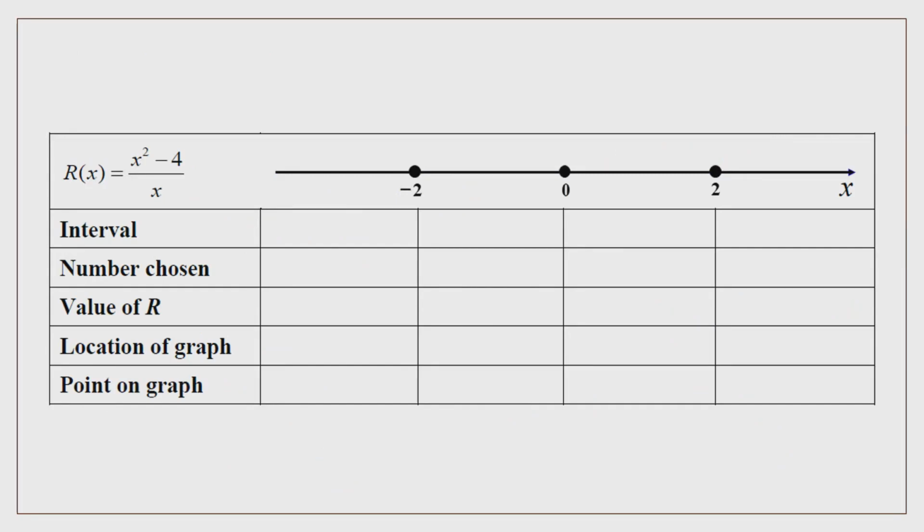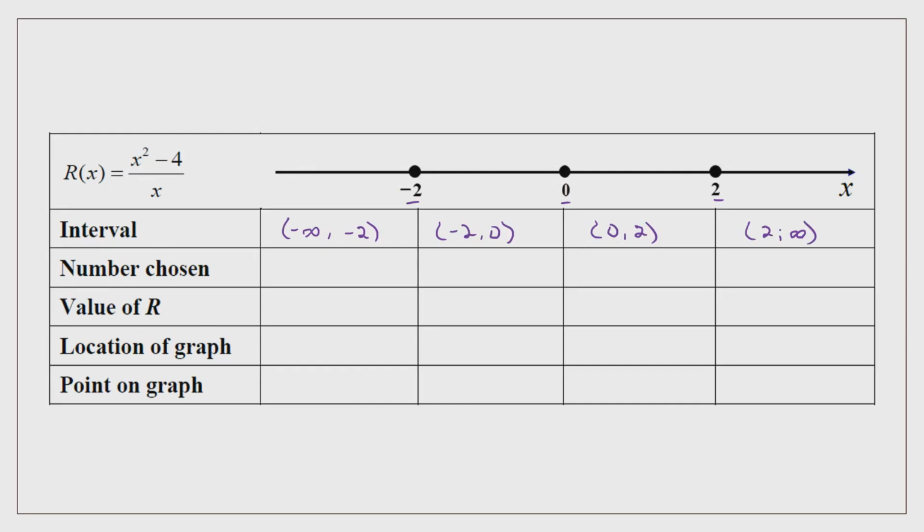The real zeros of our numerator and denominator are -2, 0, and 2, which makes 4 intervals: -infinity to -2, -2 to 0, 0 to 2, and 2 to infinity.